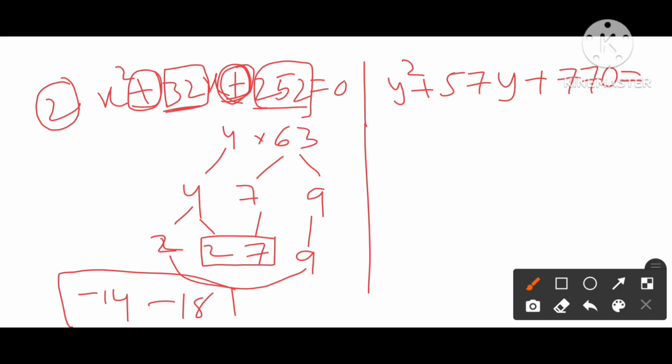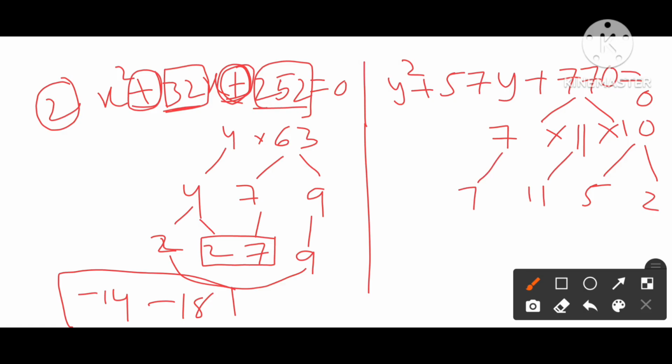Now we need to see the roots for equation y. Here we see 770. Let's divide this with 7 into 11, 77 into 10. Let's divide this 10 as 5 into 2, and we see 11 here, and we have 7 here. Let's multiply these two. 7 5 times 35, and 11 2 times 22. 35 into 22, we get the value of 770.